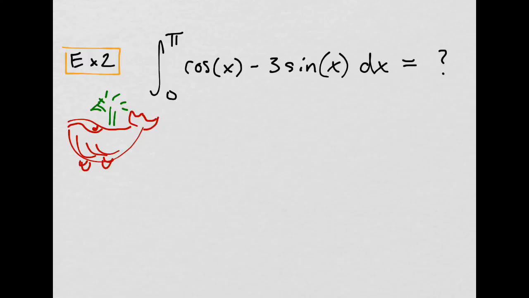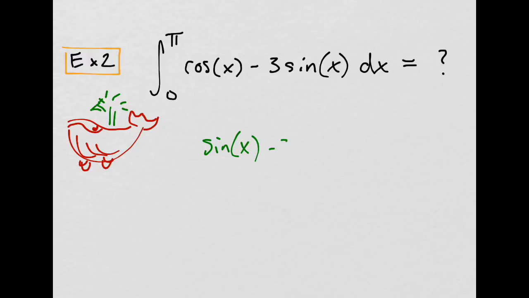So what is the antiderivative here? I can split up the integral and take the antiderivative of each part. What is the antiderivative for cosine? The derivative of sine is cosine, so the antiderivative of cosine is sine of x.